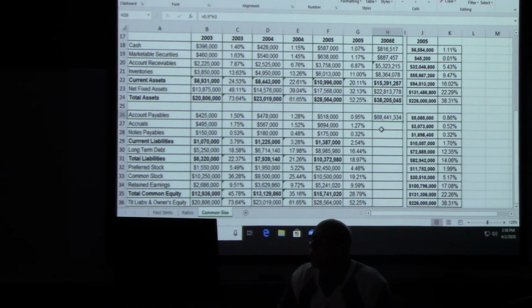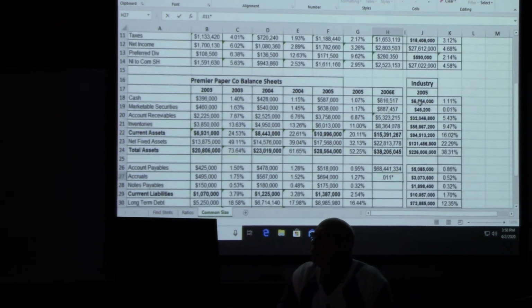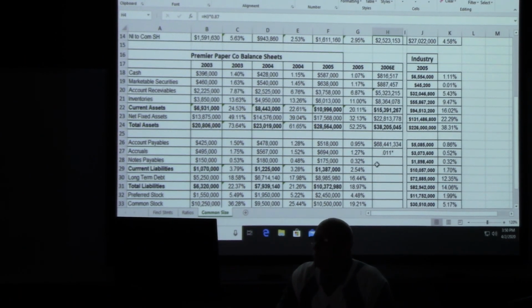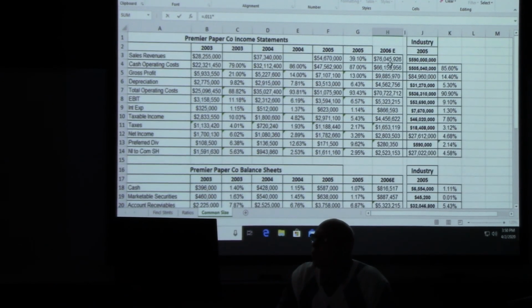And our accruals still have a ways to go. Let's say this 0.011, 1.1%. We'll continue to bring that down times our sales number. Again, these are guesstimates, folks.